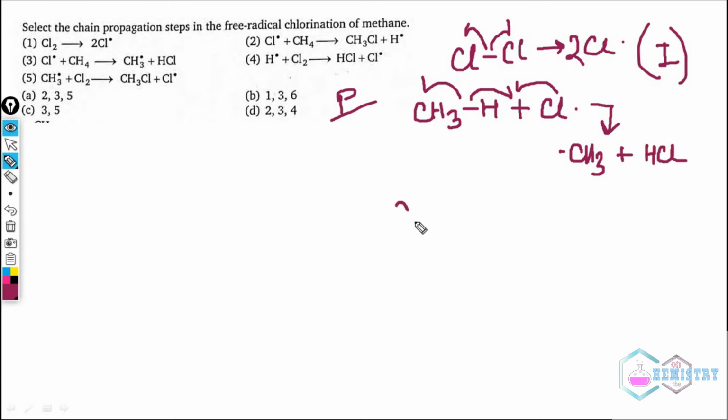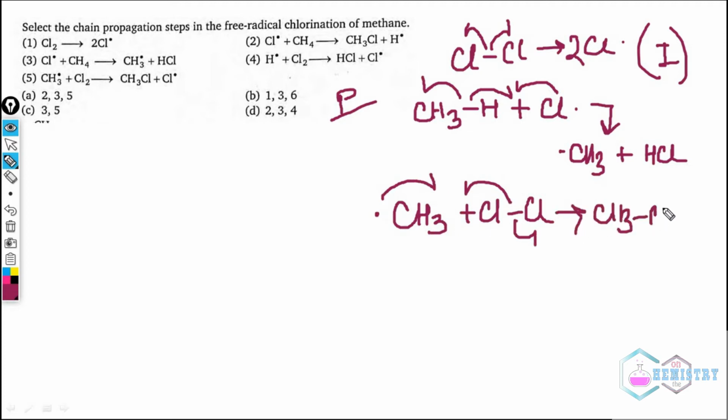Now this CH3 dot reacts with another chlorine molecule, and it forms CH3Cl like that, and another chlorine radical is released. So CH3Cl plus chlorine dot. And what happens in the chain termination? In termination, the 2 chlorine radicals connect with each other again to form the chlorine molecule.